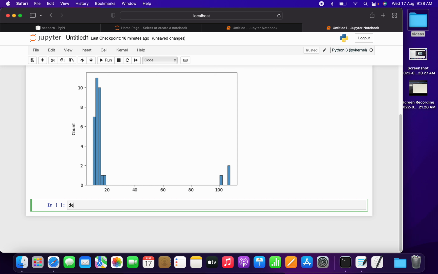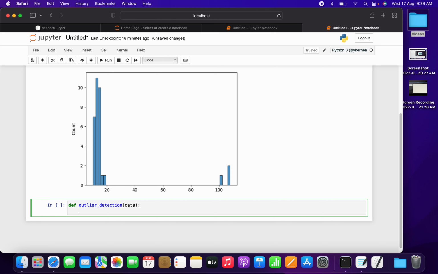For that I can write a function, outlier detection, which gets the data from here, then has an empty list. Then I need to calculate the mean of the data first.